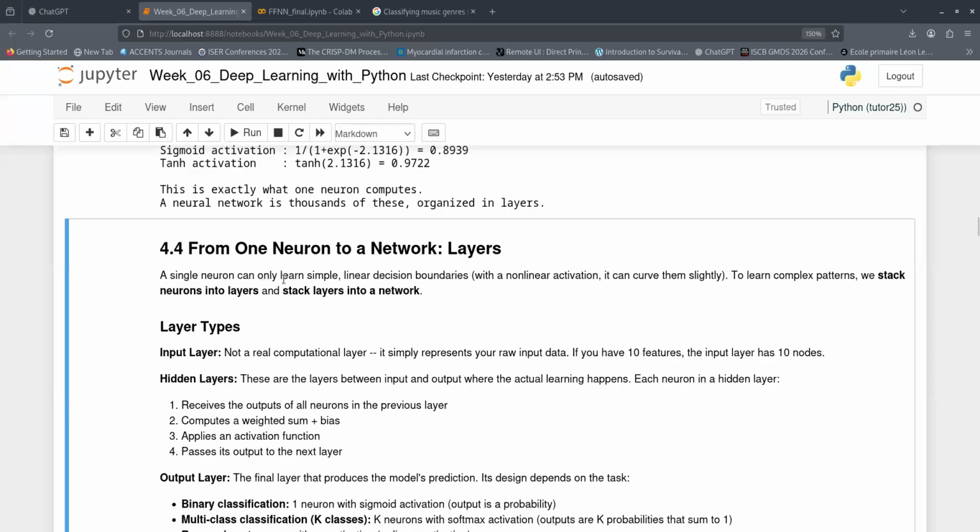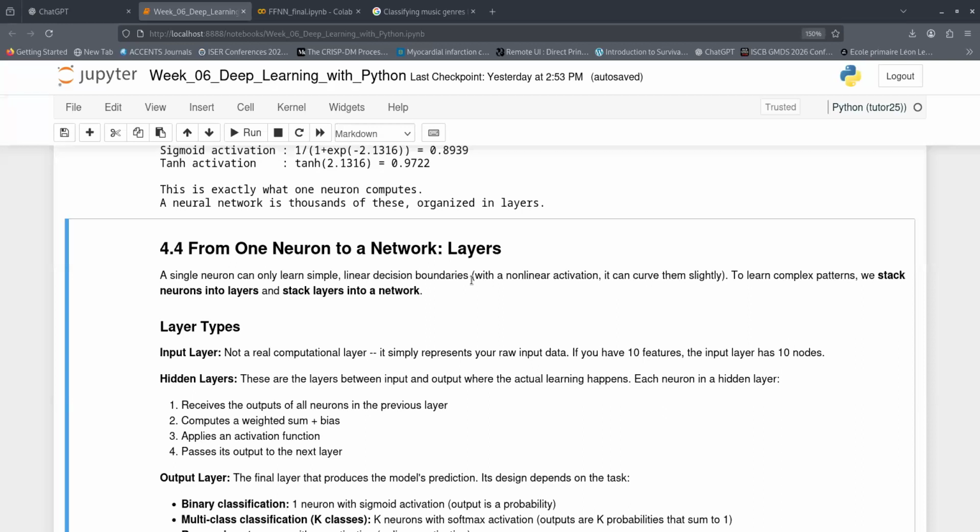A single neuron can only learn a simple linear decision boundary, the same as logistic regression. With a nonlinear activation, it can curve them slightly.